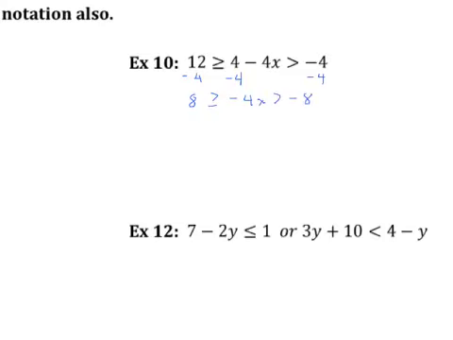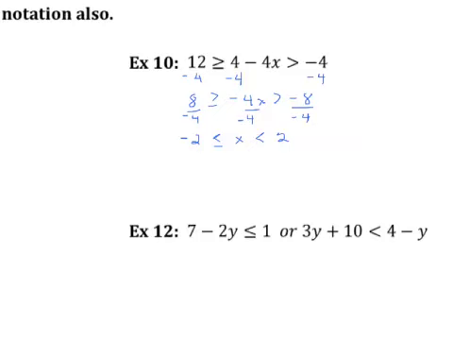Okay, so I have a -4 multiplied by x, and when I divide by a negative, what happens to my signs? It changes the direction of my inequalities, because everything's opposite. So now I have -2 less than or equal to x, which is now less than 2.